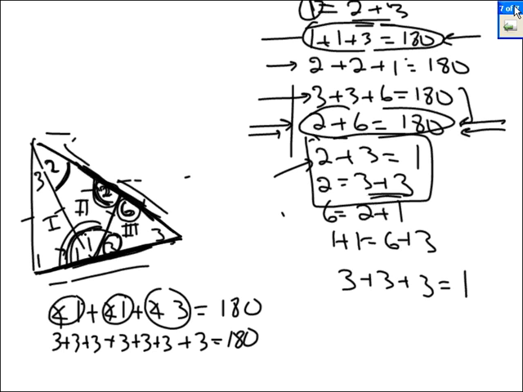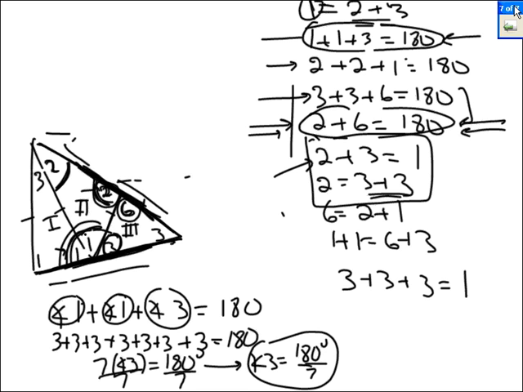This is 180. 7 times angle 3 is 180 degrees. Divide by 7, angle 3 is 180 degrees divided by 7. Okay, unless I made a silly mistake somewhere, angle 3, which is angle A, is 180 degrees over 7.